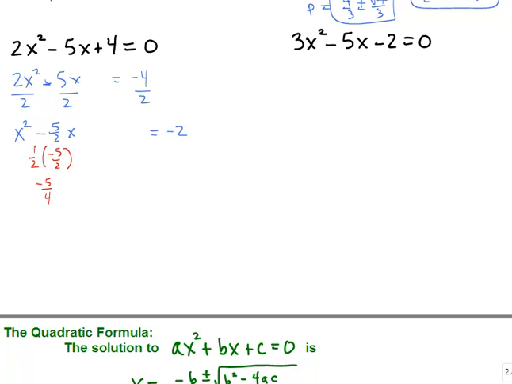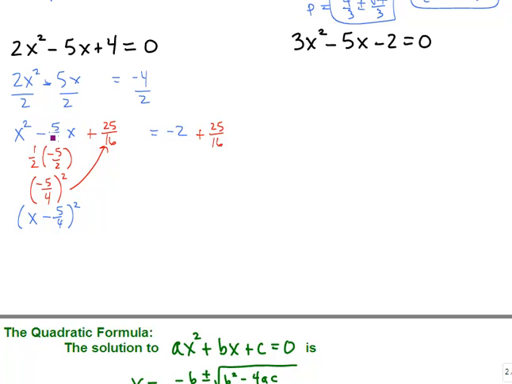Now that is the number that goes in your parentheses, so this is going to be x minus 5/4 quantity squared. But we need to add in our missing constant to make this really true. So the constant we need to add in is that same negative 5/4 squared. If I square negative 5/4, it becomes positive 25/16, and I also need to add that to the right-hand side.